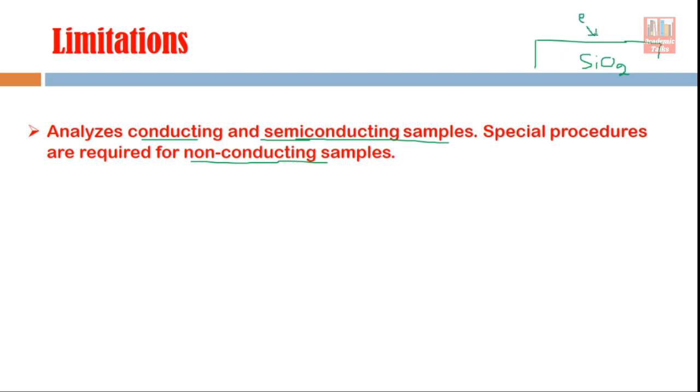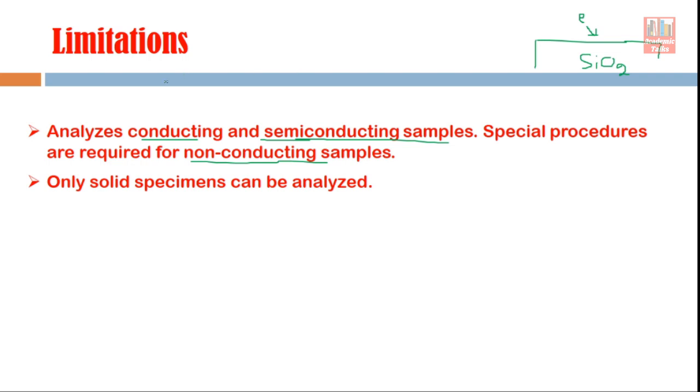Once the electron reaches here, it will stay here, and slowly the entire surface will be charged, and the charge which is present will interfere with the further analysis. So if we want to characterize this kind of non-conducting surface, then we sometimes use special procedures so that we can get accurate results from non-conducting samples also.